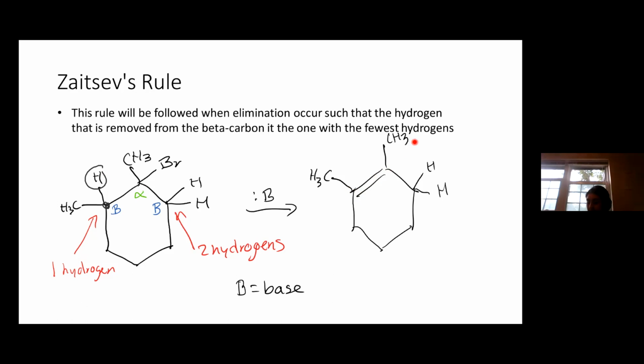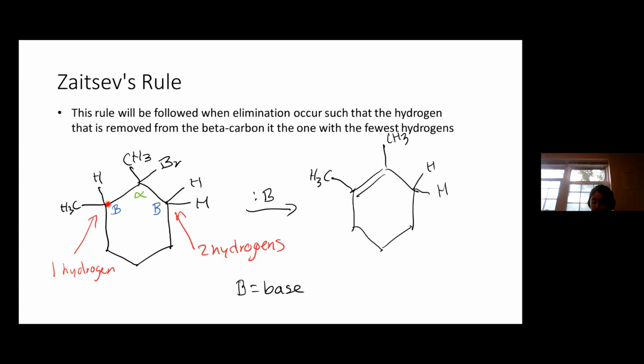So how do we know which hydrogen to remove to follow Zaitsev's rule, to know what to form? There's a shortcut for thinking about that. So we look at the alpha carbon, and then we have the beta carbons. And again, we want to focus on the beta hydrogens, so these hydrogens right here. In order to know which hydrogen to remove from which beta carbon, right, because we have two options, we have these two beta carbons.